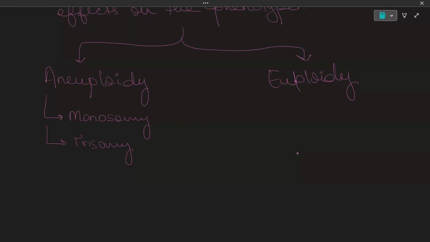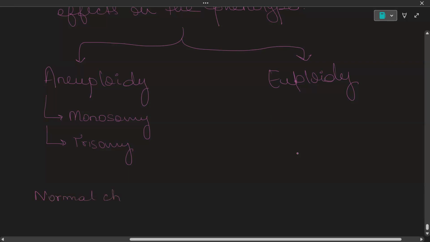Now, normally we have 1 pair of sex chromosomes and 22 pairs of autosomes, right? Here, either there can be an extra chromosome or there can be 1 less chromosome.